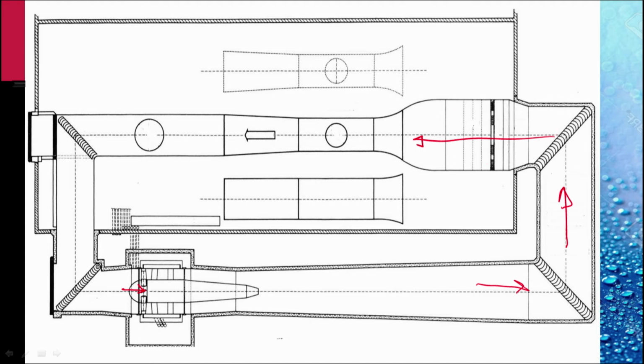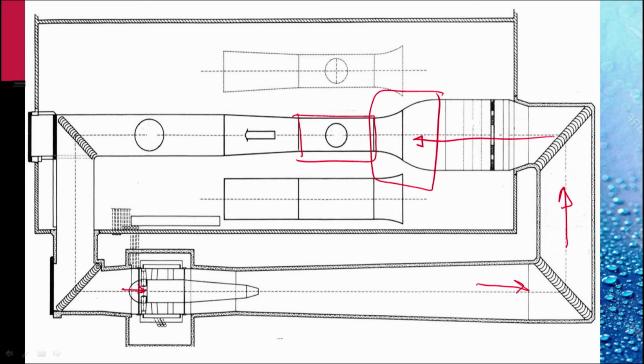The screens in this inlet section are there to make the flow smooth. The air is speeded up in this nozzle, and this is the test section where the parts that we want to study the flow on are mounted with proper instrumentation.